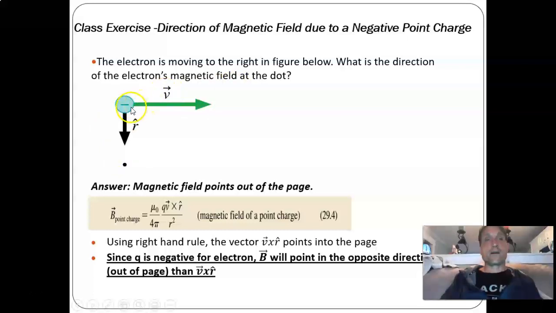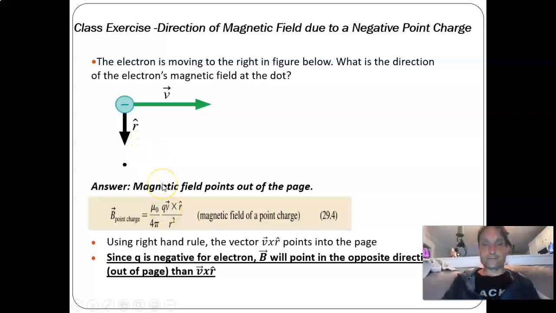If this were a positive charge, Q, instead of a negative, like a proton, then the direction of the field would be into the page, whereas with an electron, it's in the opposite direction. So again, we always take the cross product, V cross R, to get our direction, and then if the charge is negative, you have to flip the direction.